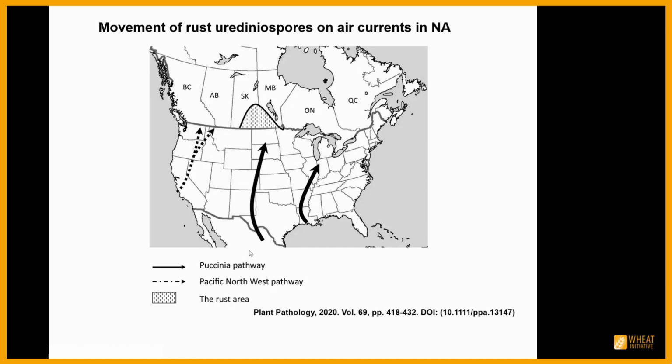The main Puccinia pathway comes from Mexico through the Midwest into Canada, and on the west side of the Rocky Mountains there is a different current, and I'll tell you in a minute why that is interesting. And there is also another current, which might be more spreading disease propagules, in this case rust spores, along the eastern seaboard into Canada.